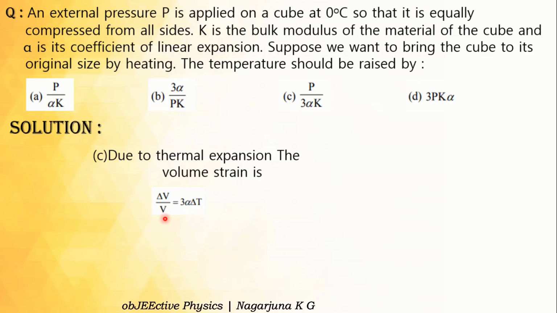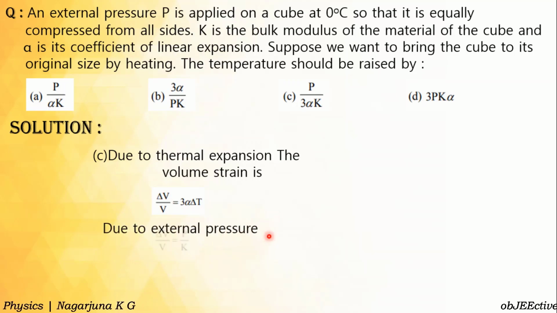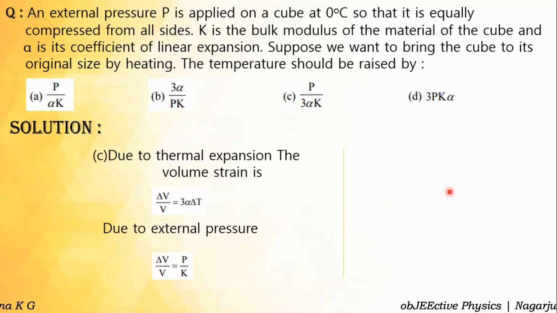When a solid substance is heated, volume coefficient gamma is equal to delta V by V into delta T, where gamma is equal to 3 alpha, or volume strain can be written as delta V by V is equal to 3 alpha delta T. Due to external pressure, delta V by V can also be written as P by K. This is the bulk modulus definition.